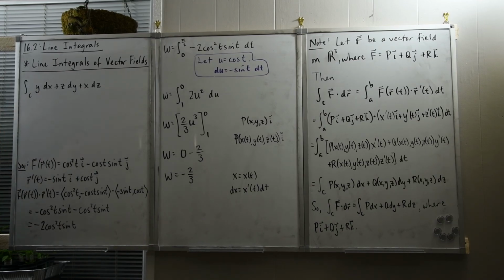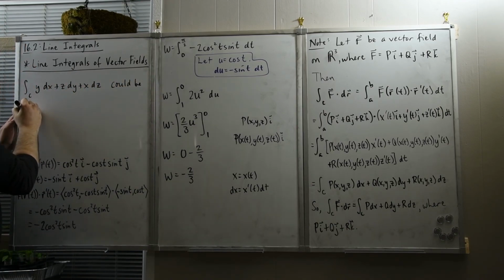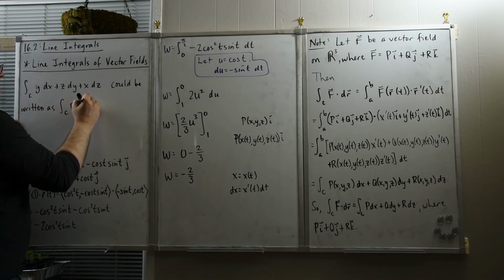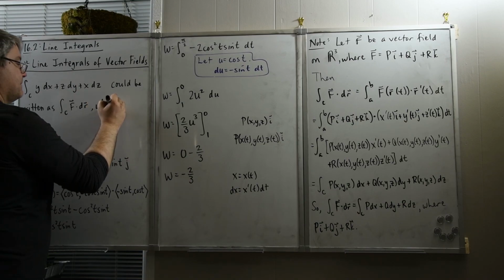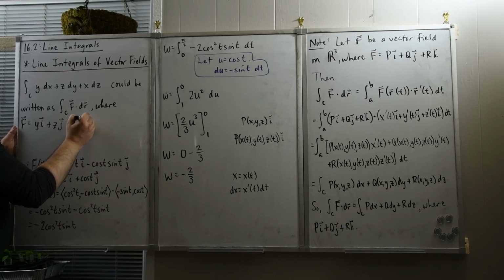So we could have thought of this as the line integral of F along C, where F is equal to yi plus zj plus xk.